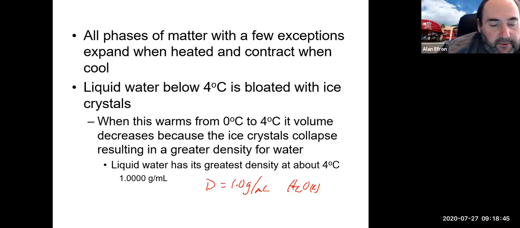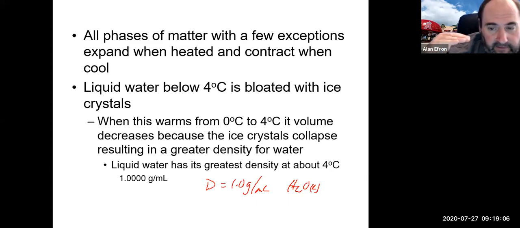That's really important for how water freezes in, say, lakes. Water in a lake actually freezes from the top down as opposed to from the bottom up. That's really important for fish and other things living in the lake.